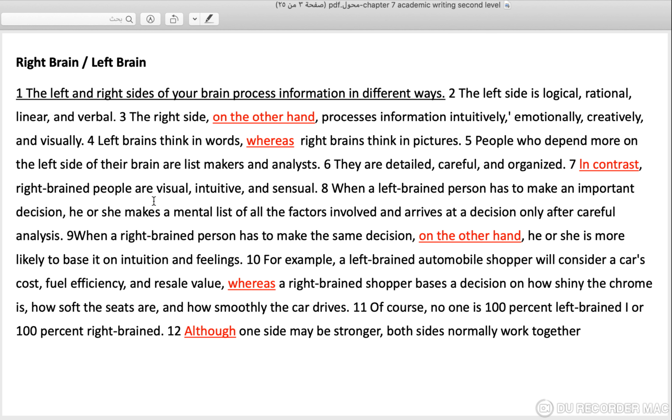Of course, no one is 100% left-brained or 100% right-brained.